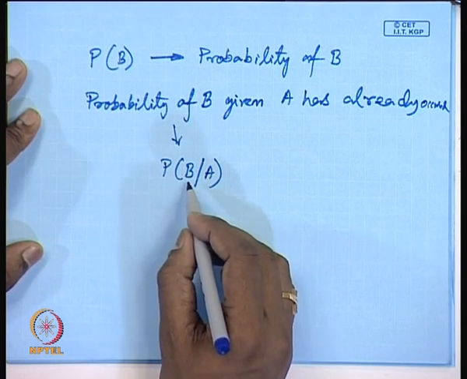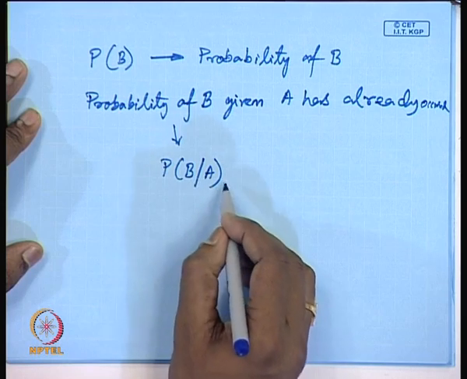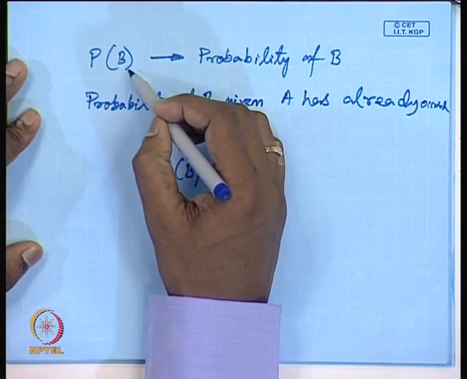The probability of B given that A has occurred, and this is just simply the probability of B.